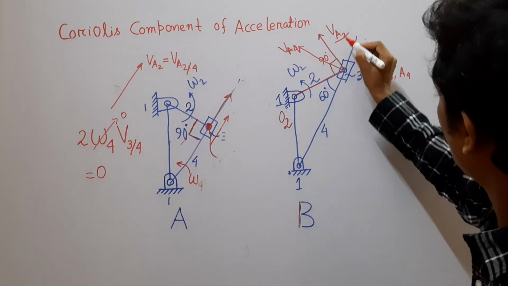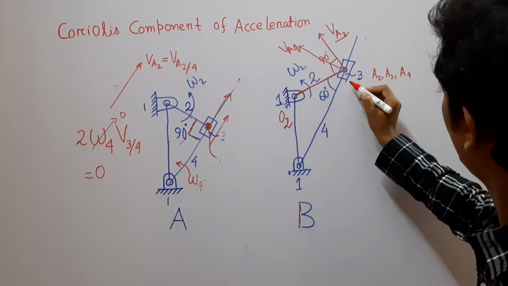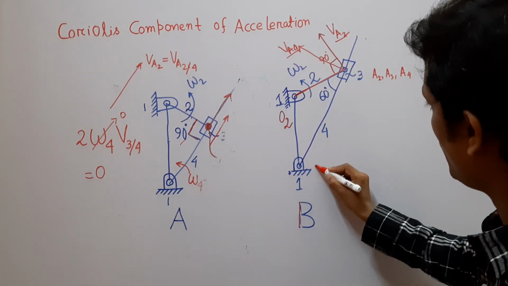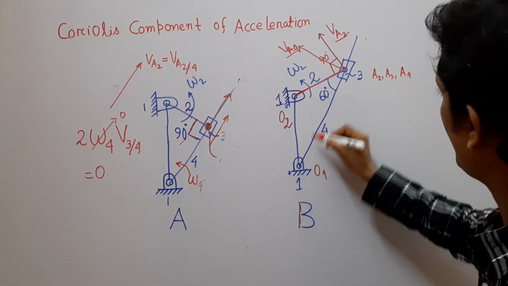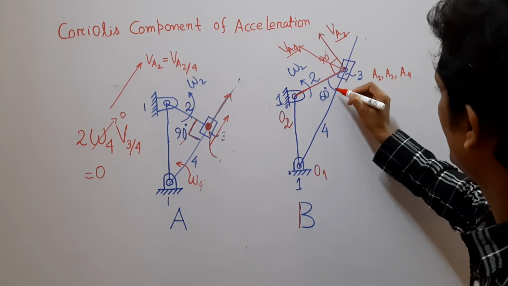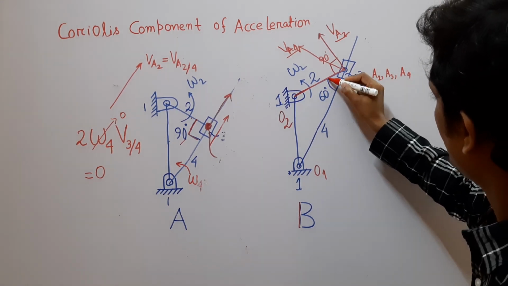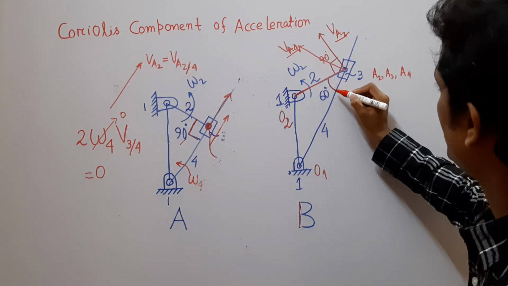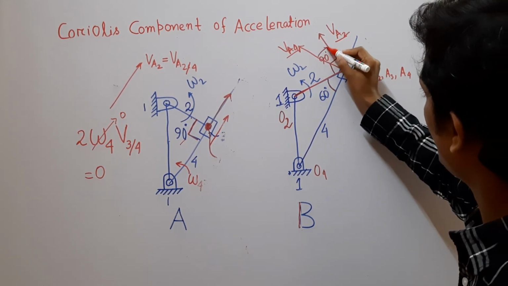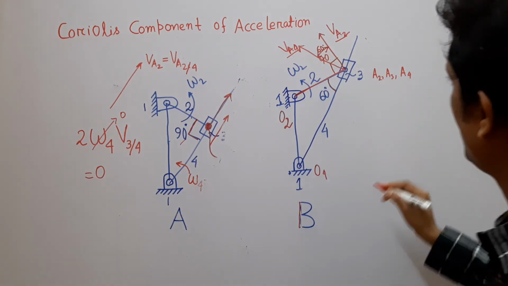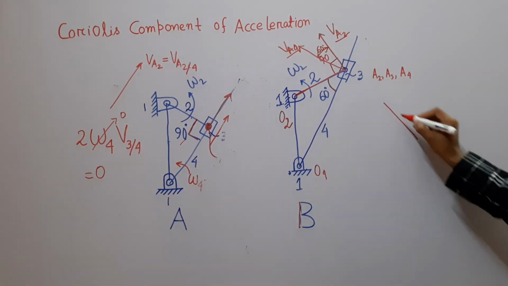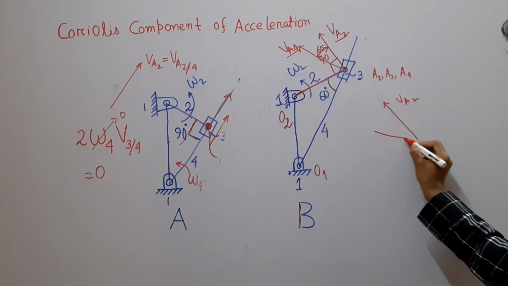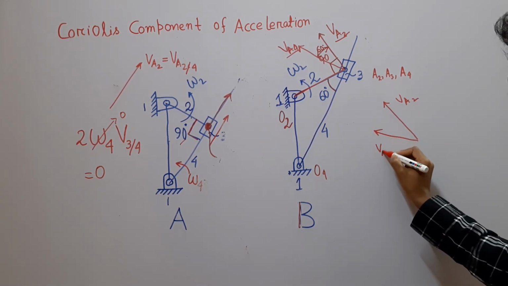So VA2 is perpendicular to O2A2, and VA4 is perpendicular to O4A4. If the angle between the crank and the oscillating link is 60 degree, then the angle between their normals will also be 60 degree. So let me draw here. This is VA2 and say this is VA4.